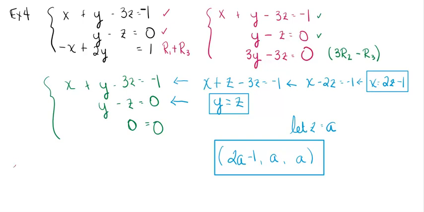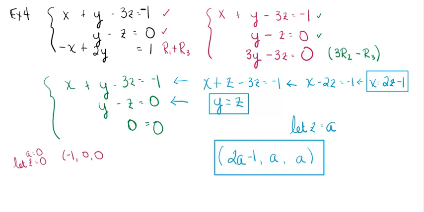So if I let z, instead of just being any number, I'm going to choose 0, then my ordered triple will be, or I can say let z equal 0, or let my any number a equal 0. It doesn't matter. So if I come over here to my blue box, 0 times 2 is 0, minus 1 is negative 1, and then 0 and 0.